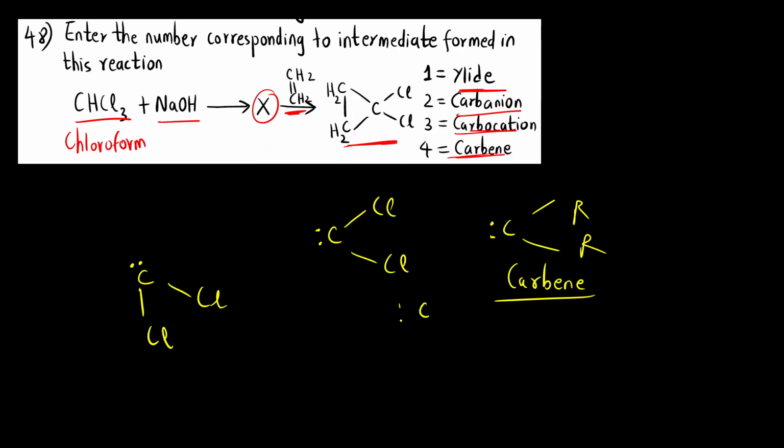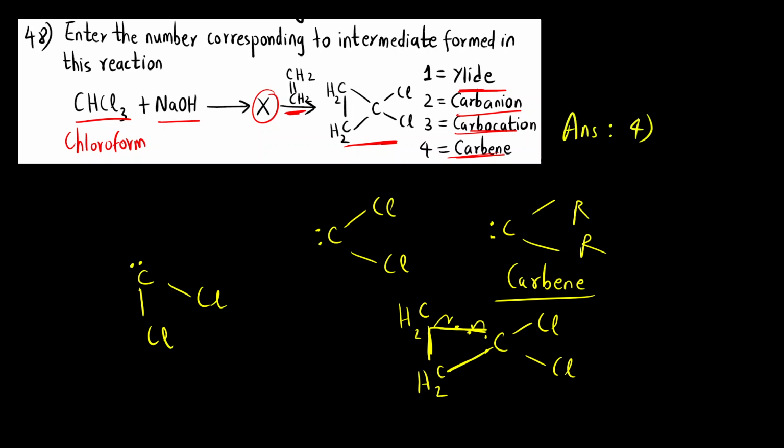CH2 double bond CH2 will react with dichlorocarbene. This will break like this: one electron of this and one electron of this will form this bond. Similarly, here one electron of this and this will form this. That's how we get this 3-membered ring. So it is a carbene, and the correct answer is 4.